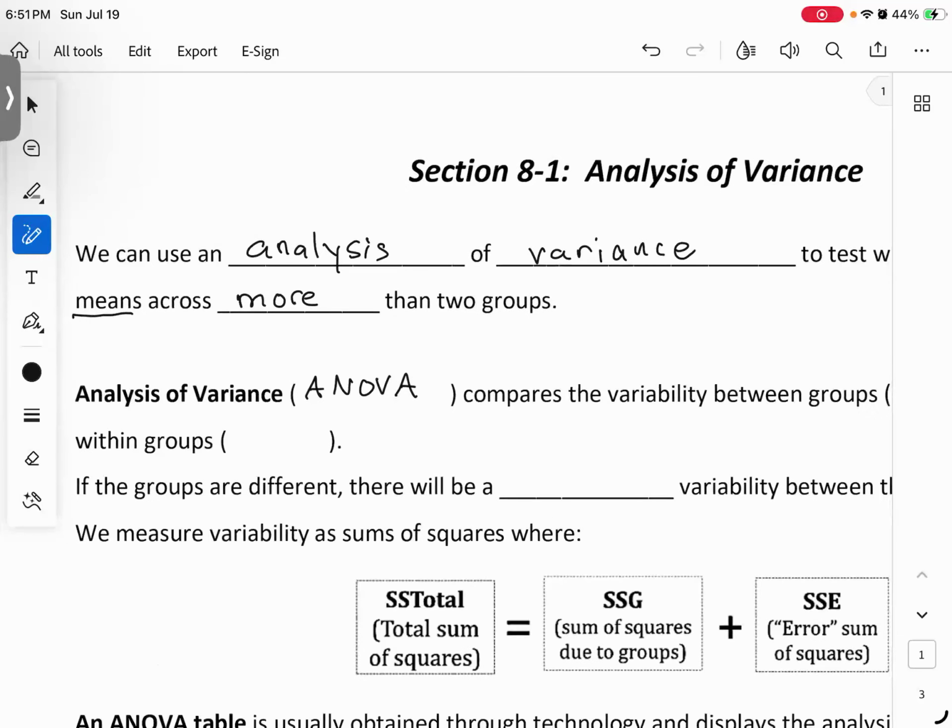And then there's also SSE, which is the amount of variability within the groups, like the sum of squares for errors. So I don't want you to be too concerned about memorizing what the abbreviations stand for, or even the whole idea of sum of squares. I want you to keep more of a general, big picture idea about what those are.